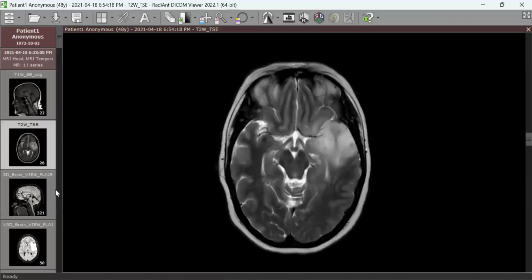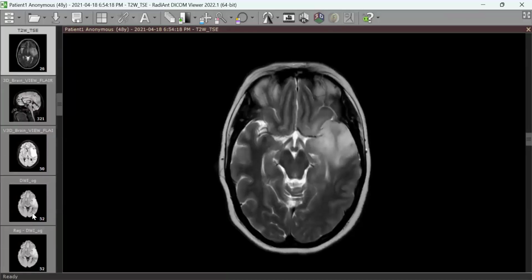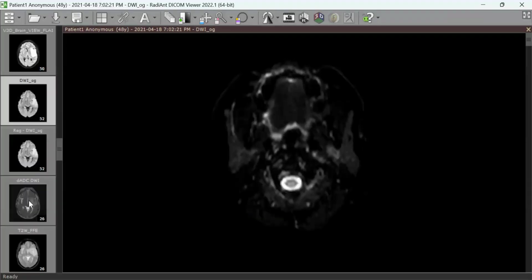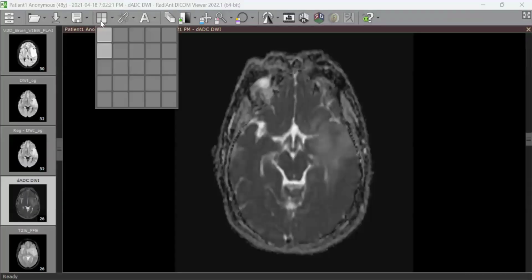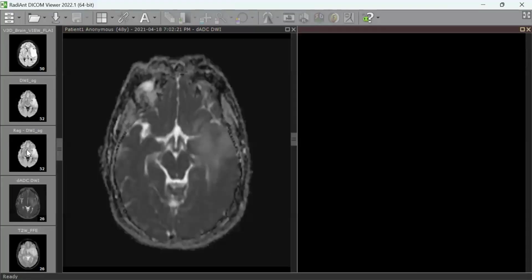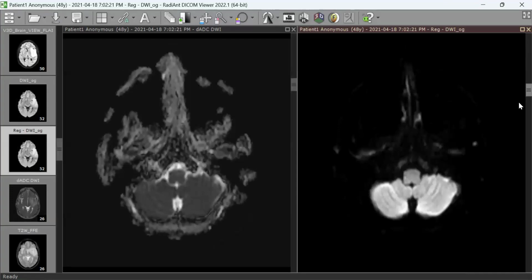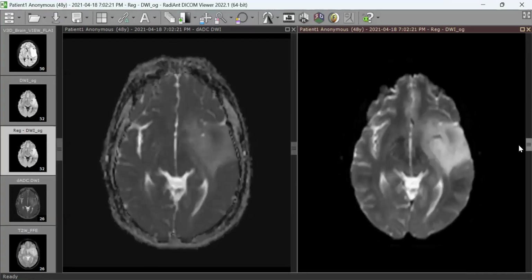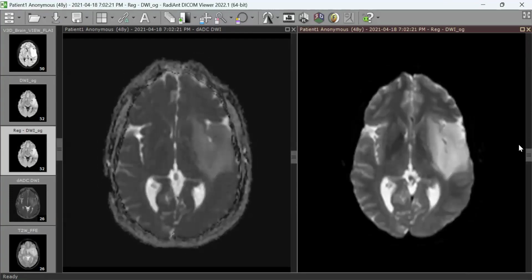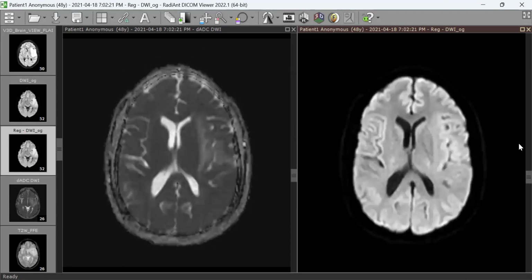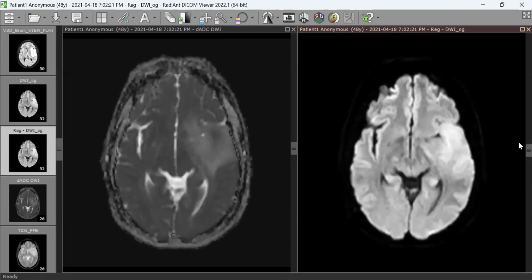And I'll show you other sequences. Yes, I want to see the contrast and the diffusion weighted image. Yes. Okay, there is a high signal intensity involving the ADC and the diffusion weighted image, so it looks like not restricted.